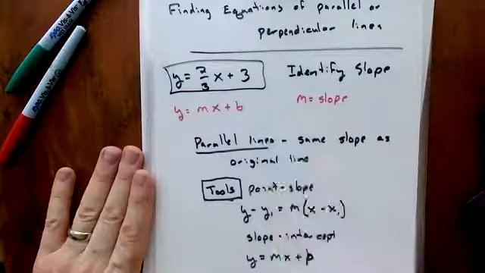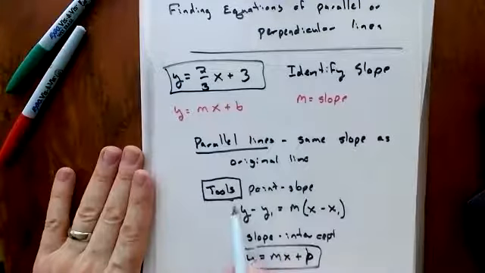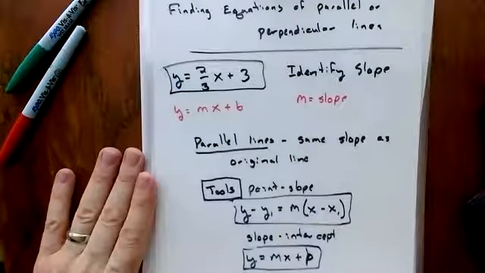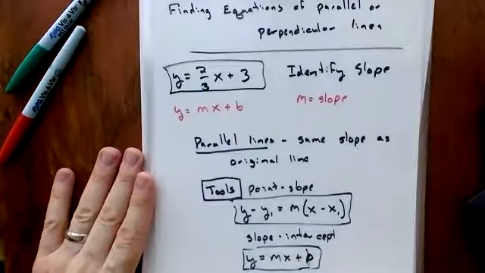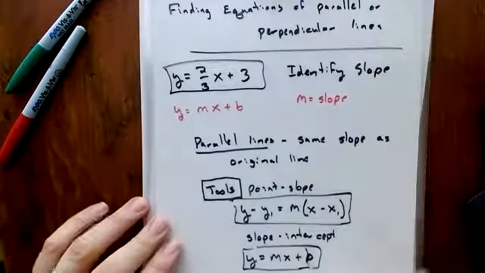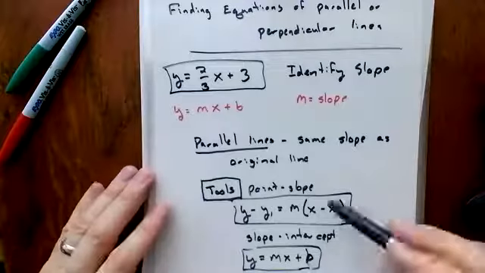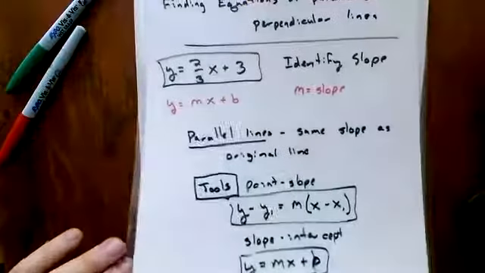These are our go-to formulas whenever we are looking for the equation of a line, for both parallel lines and perpendicular lines. Once we figure out what our slope is and what point we're going to plug in, we just literally plug it in.